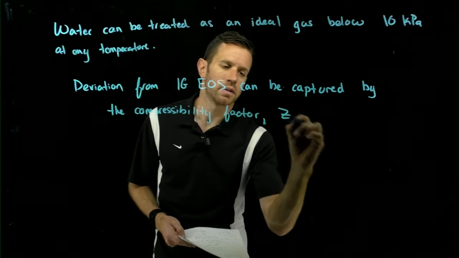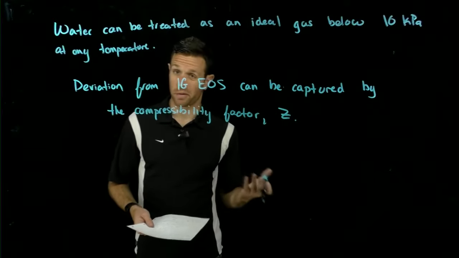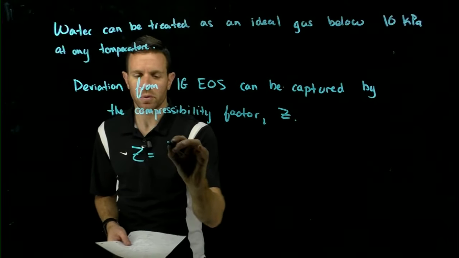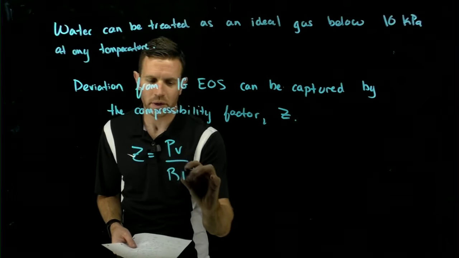We denote that as a capital Z, or Z if you're English. So Z is equal to Pv over RT.